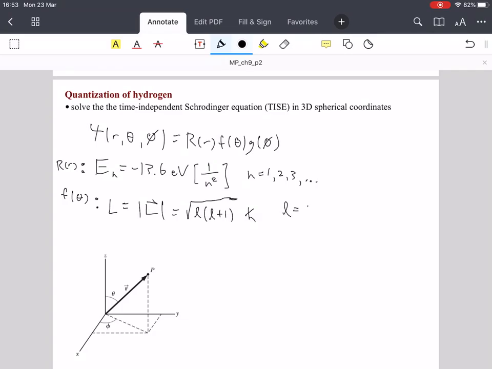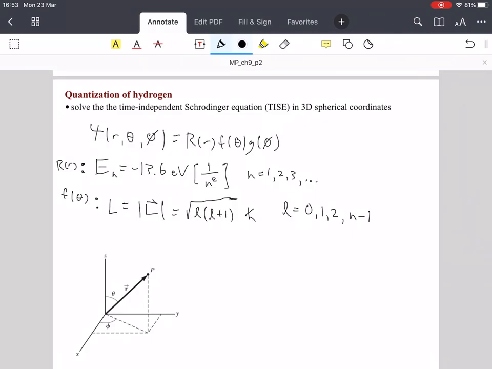So we have that L can take values starting at 0, 1, 2, 3, and so on, all the way up to n minus 1. And that's quite important, because if n is only equal to 2, then the most that L could equal is 1. So you can't have an infinite number of L. It's limited by what your n quantum number is.